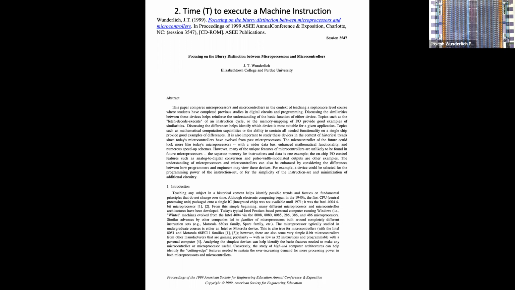So this is a common paper that I use. I try not to have any overlap in any of my courses, but I refer to this in different ways in different courses. I wrote this when I was an assistant professor at Purdue University, before coming to Elizabethtown College 21 years ago.